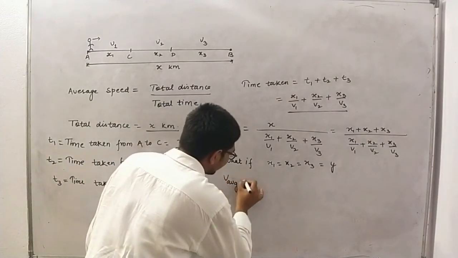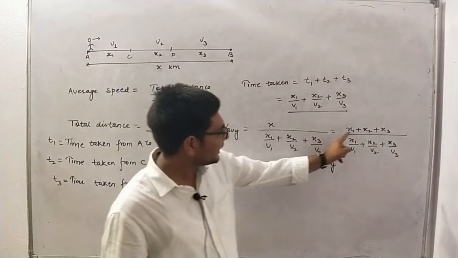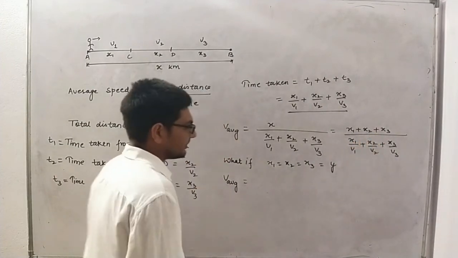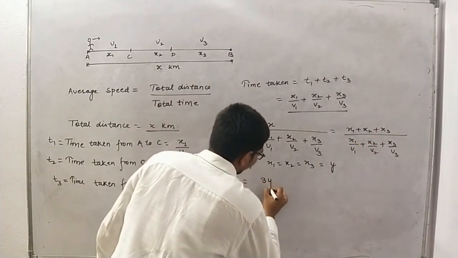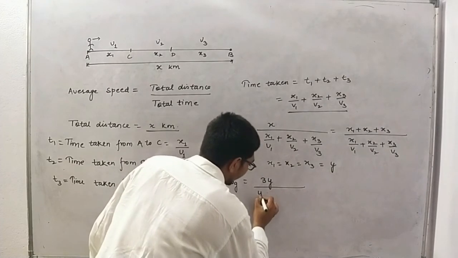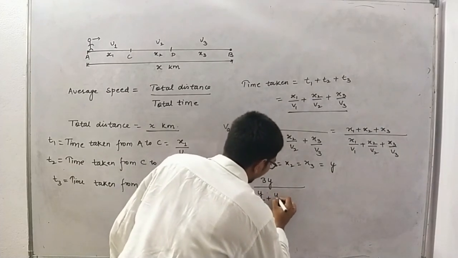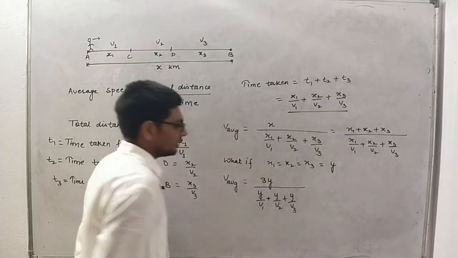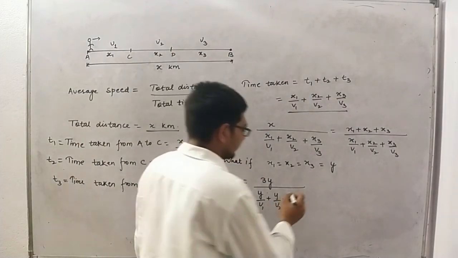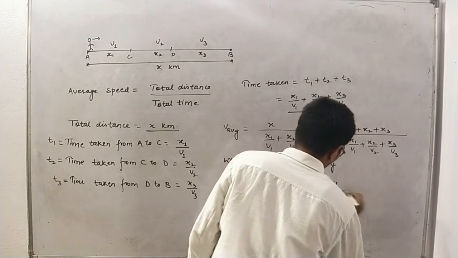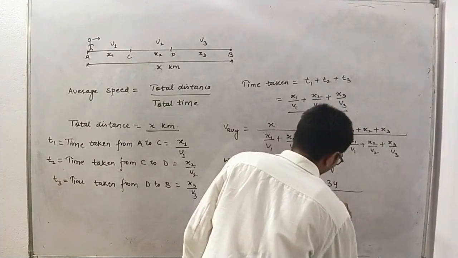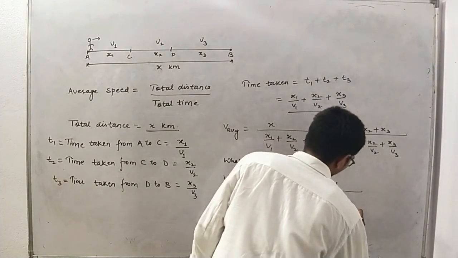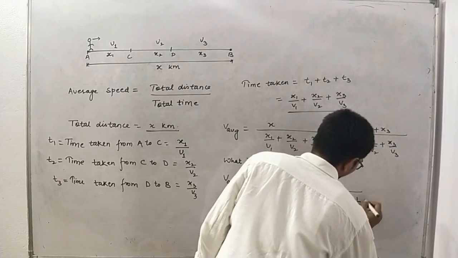His average speed will be equal to, putting in x1 plus x2 plus x3, 3y upon y upon v1 plus y upon v2 plus y upon v3. Now we take y as common: 3y upon y into 1 by v1 plus 1 by v2 plus 1 by v3.